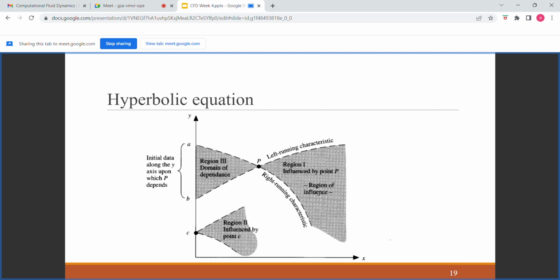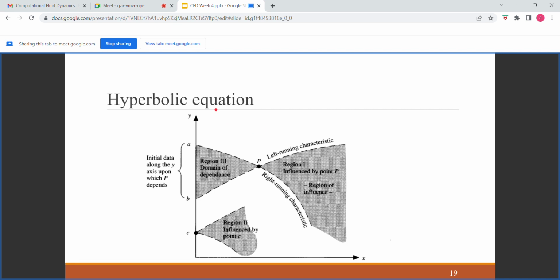First of all we write the equations, and we simplify those equations into a form where, depending on b squared minus 4ac, we get a simplified equation form, and from that we classify those equations into hyperbolic, parabolic, elliptic, or mixed. These solved equations in general have a different nature.